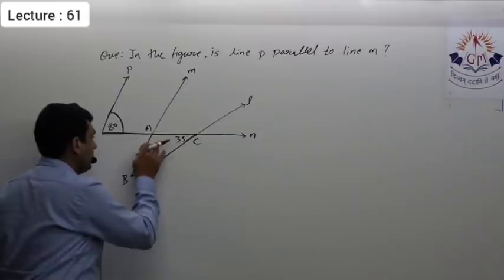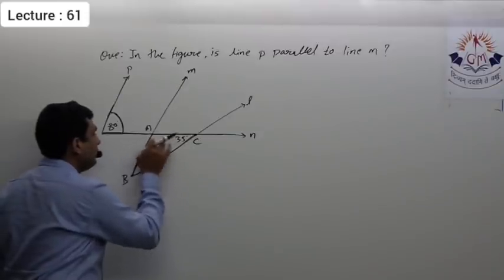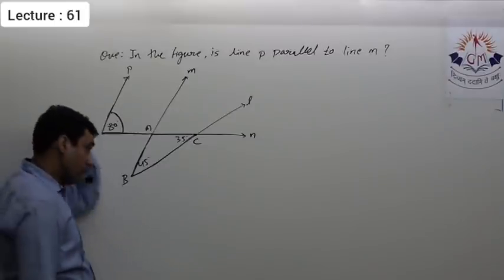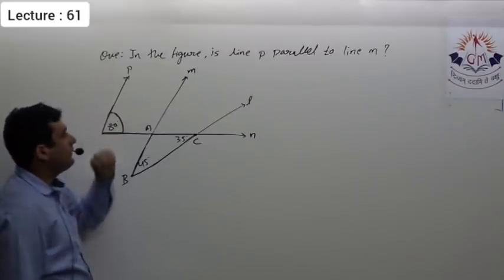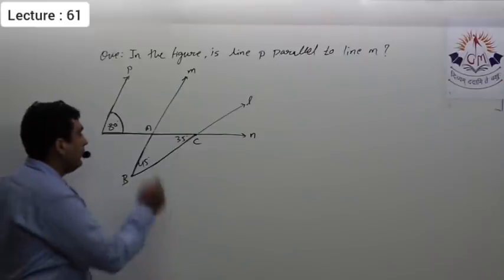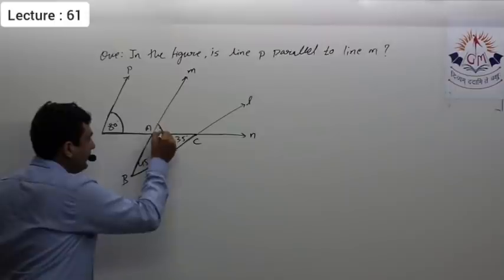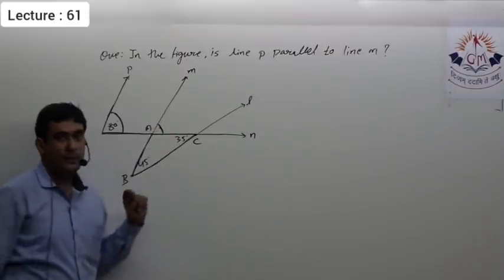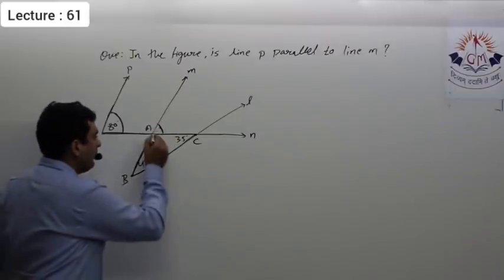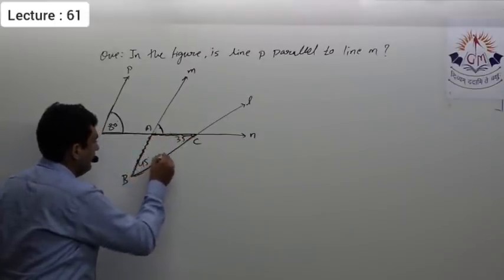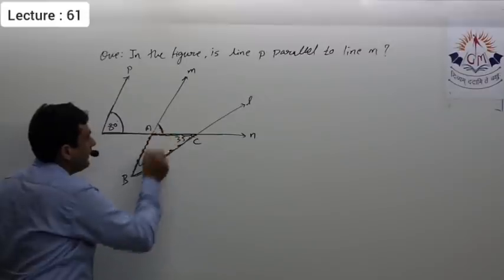Now suppose I am not allowed to use the angle sum property of the triangle, and I have to identify whether P and M are parallel or not without using the angle sum property. So I can find this angle by the exterior angle property. See, for this triangle, this angle is an exterior angle.